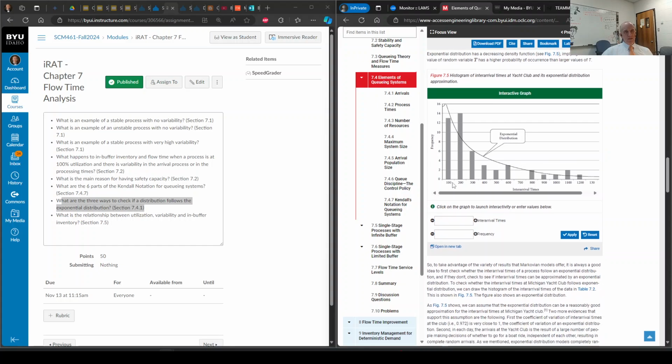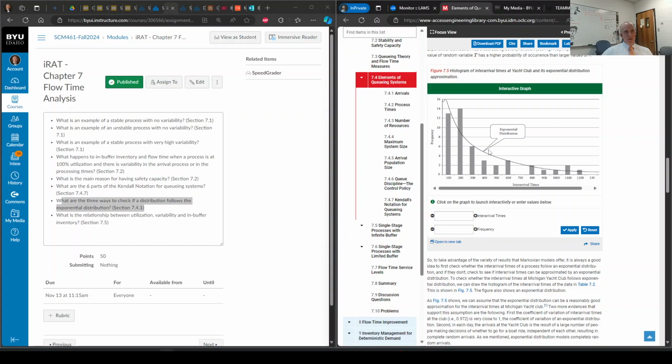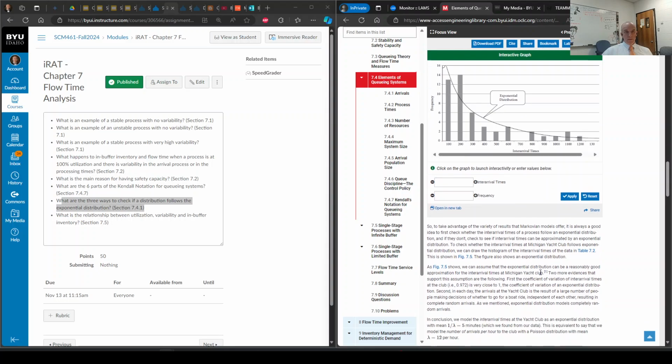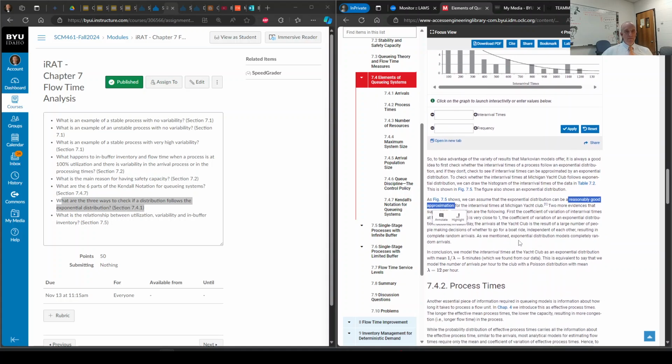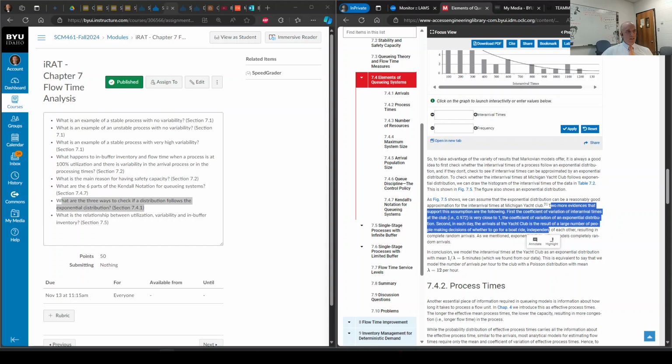This histogram and this exponential distribution line says it's a reasonably good approximation. Here it is right here: a reasonably good approximation for the inter-arrival times at Michigan Yacht Club. And so that is one of the three. The other two are right here, which directly answers these three ways.